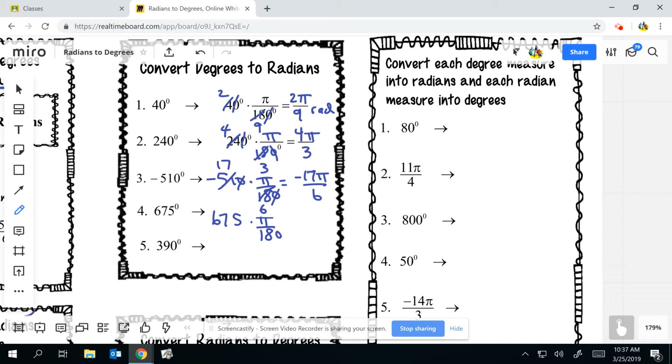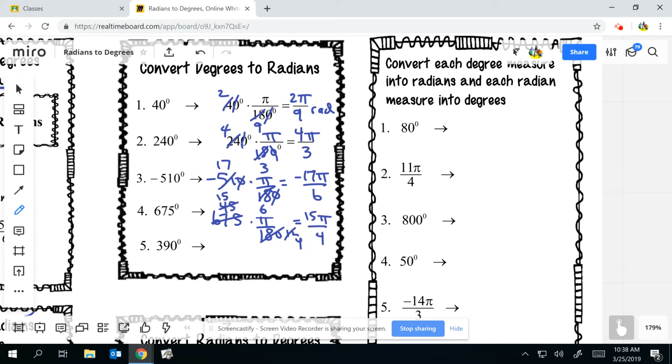You'll get 45. And then 180 divided by 15 is 12. You can still reduce that. You can divide those by 3. So 45 divided by 3 is 15. And 12 divided by 3 is 4.